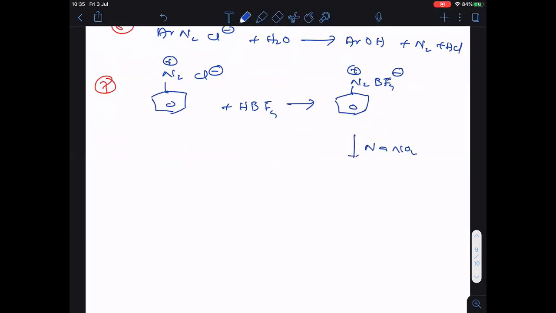And this ArN2+ BF4− when heated with NaNO2, then here nitrobenzene is left over plus N2 plus boron trifluoride.